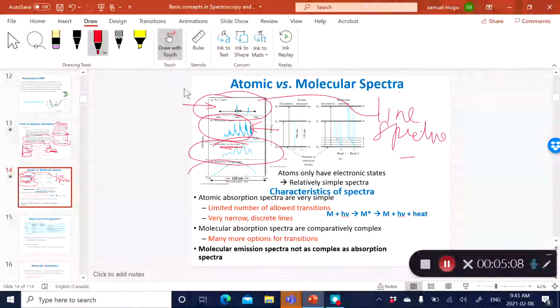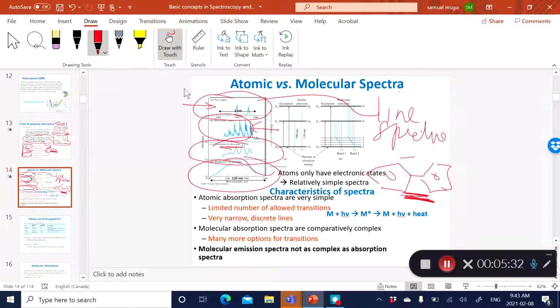Now, on the other hand, look at biphenyl, which is two benzene rings fused together. Now you can see the spectrum that you are getting is less characteristic. It's very, very broadened, because there are so many possible transitions that will be taking place, because of this complexity of the atoms that make up the biphenyl compound.